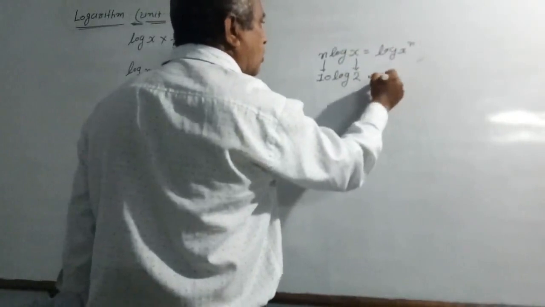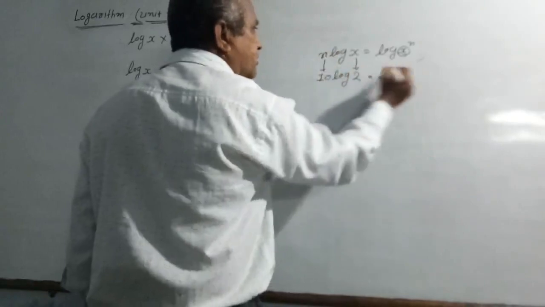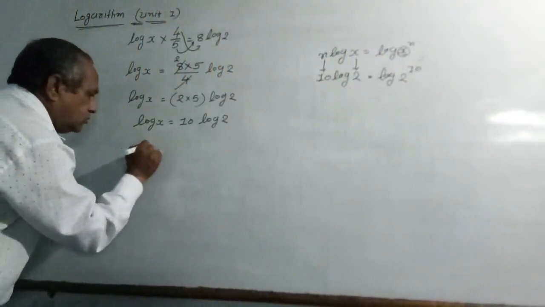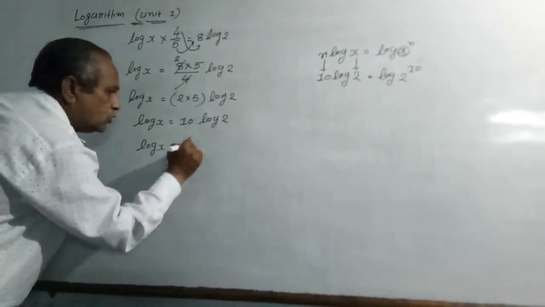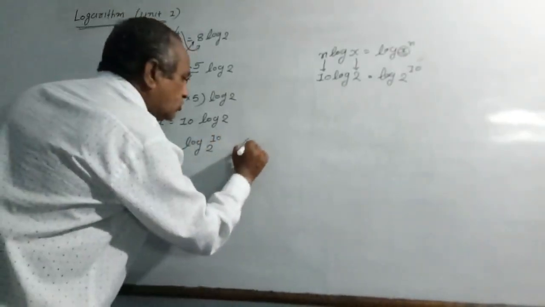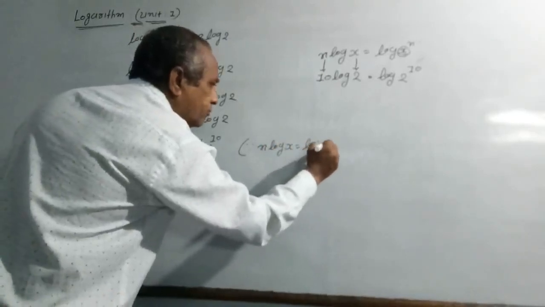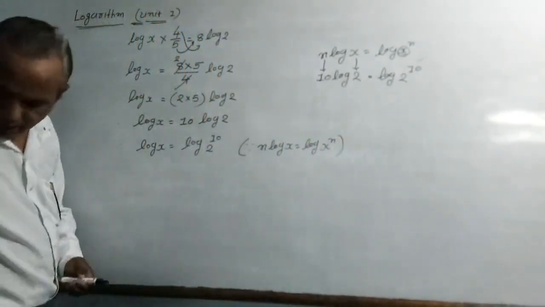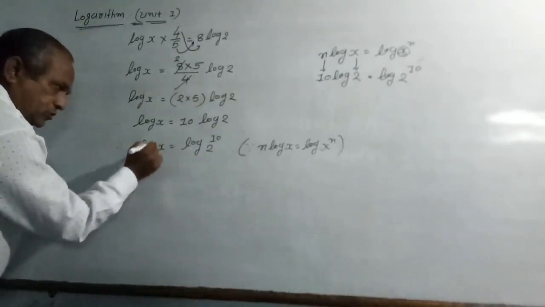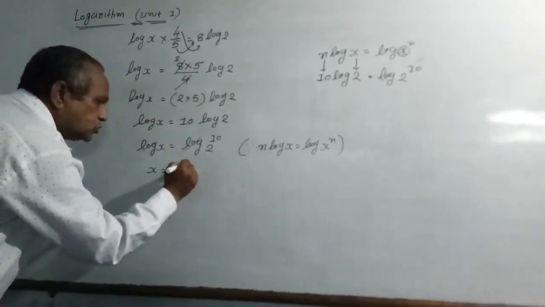So log x is equal to log 2 raised to 10, because n log x is equal to log x raised to n. Now remove log from both sides, so x is equal to 2 raised to 10.